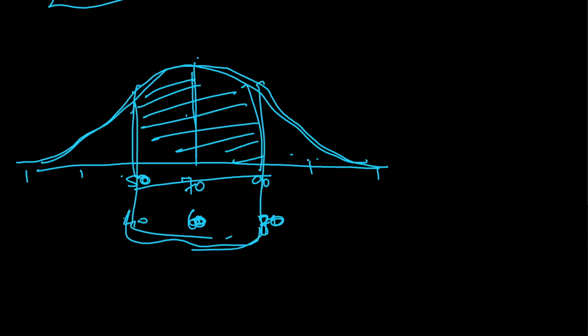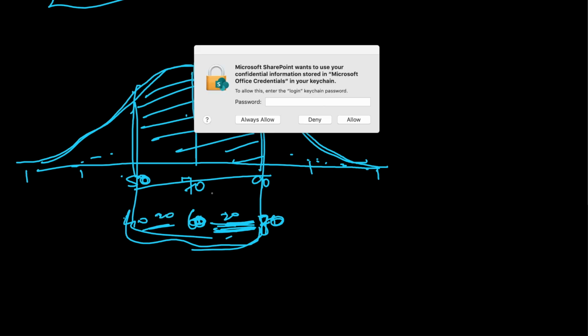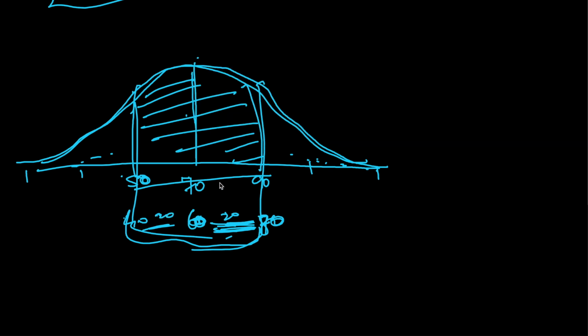Some people might be scoring more than 80 also, some might be less. By the way, this difference is called deviations. Over here deviation is 20, 20 left hand side, right hand side. Similarly here also deviation is 70 and 90, so here also 20, 20 deviations.